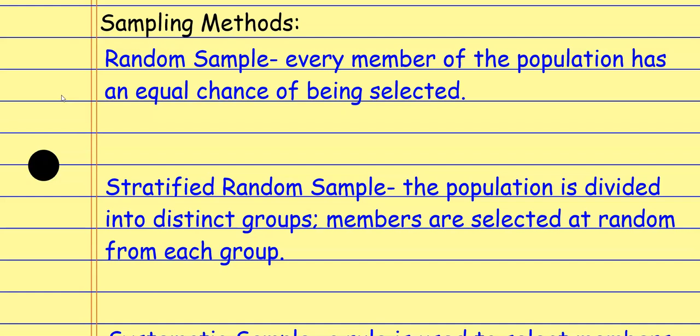So just randomly select 3 students from each class period. So what we're doing is we're breaking the students up into little distinct population groups, into class periods. All right. So each of those classes, 3 students have an equal chance of being selected. All right. So instead of randomly selecting from the entire population, I'm randomly selecting from little groups within the population.